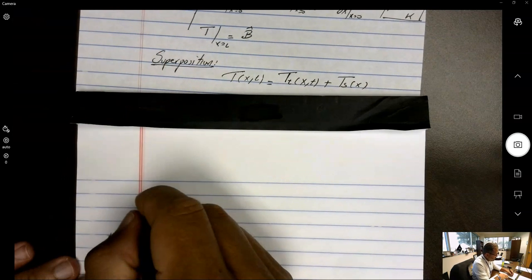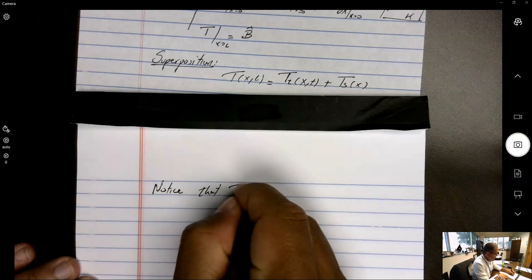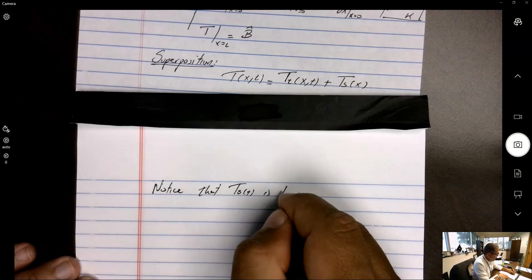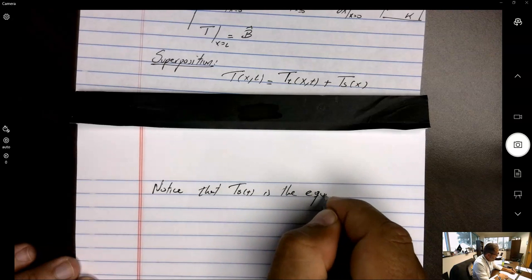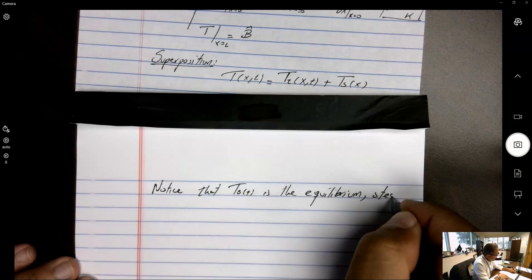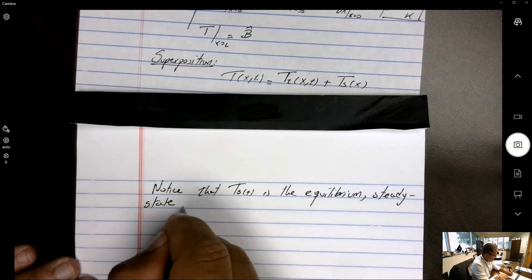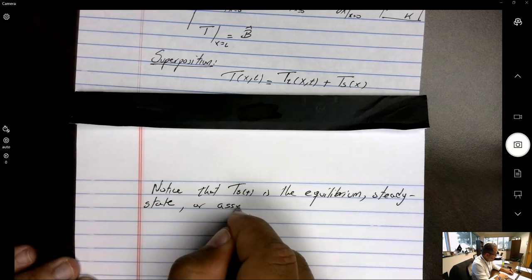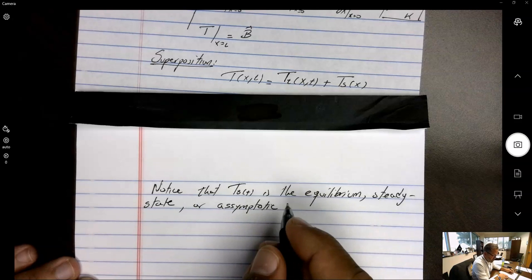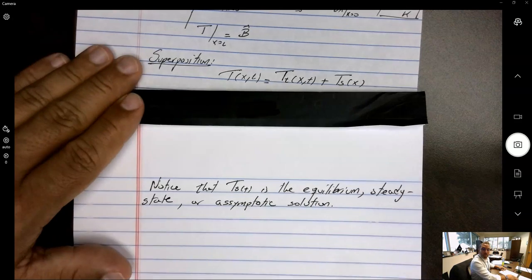So notice that Ts of x is the equilibrium or steady state or asymptotic solution. Well, you'll see that.